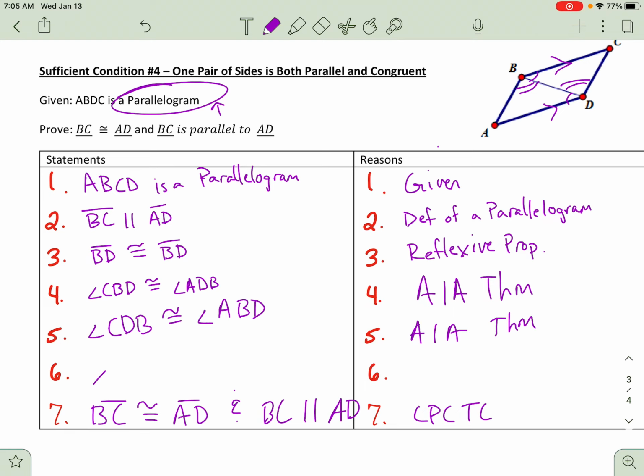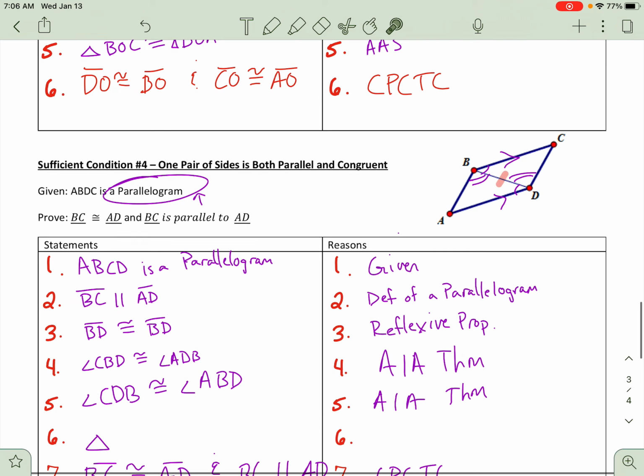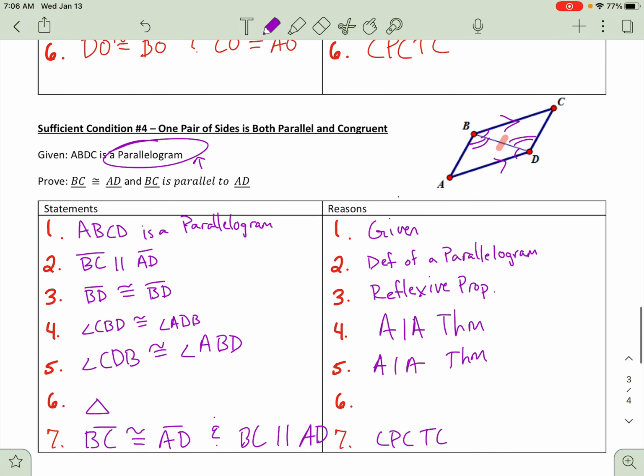Okay, so lastly, prove that their triangles are, we just did. We have, let's see, we have an angle, a side in between, and then our other angle. So this is ASA. So triangle ADB is congruent to triangle CBD.